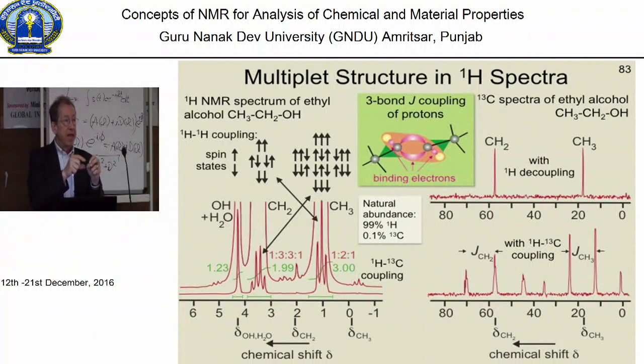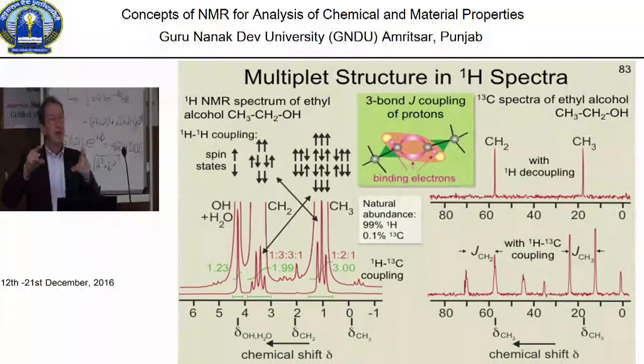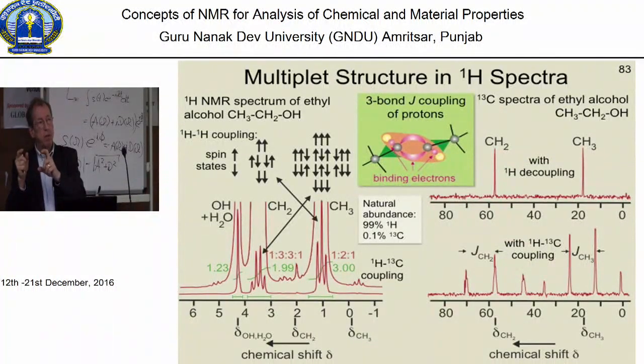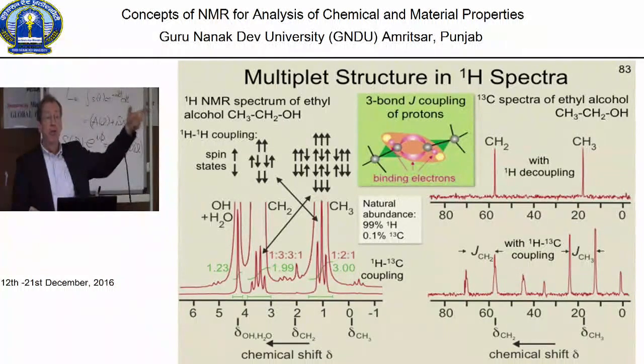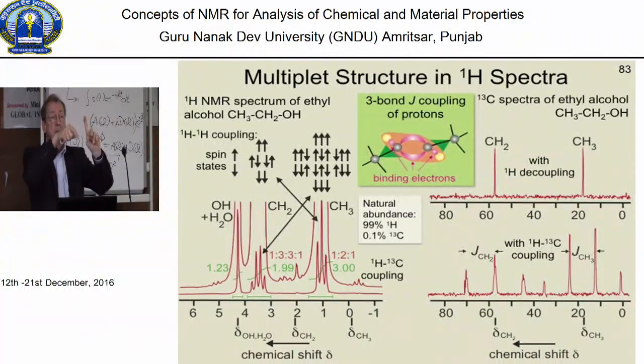That distortion of the orbitals of the binding electrons is sensed by the spins of the methyl group. So in the end, the methyl protons experience different magnetic fields at the site where they are, depending on the orientation of the methylene protons. That means the methyl resonance splits into three lines with amplitudes 1, 2, 1, which you see here.